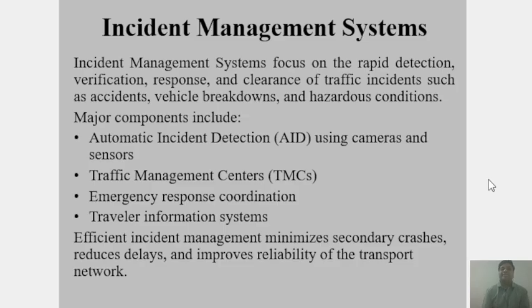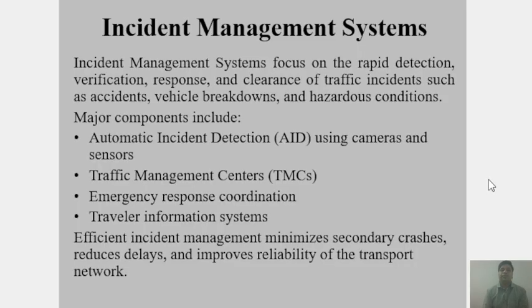So now coming to the incident management system. This incident management system is very important because it rapidly detects and verifies, responds to, and clears traffic incidents such as accidents, vehicle breakdowns and hazardous situations. If such a situation arises on the road, then this type of management system is very important.